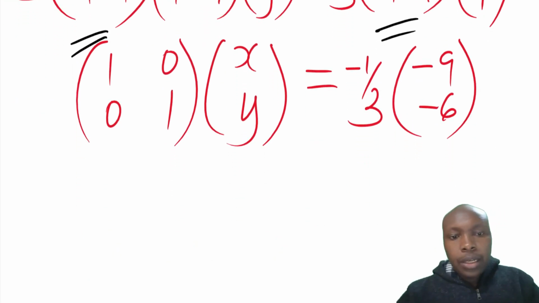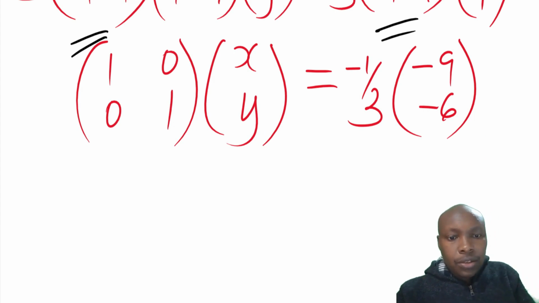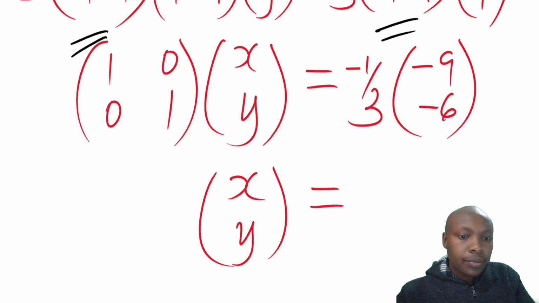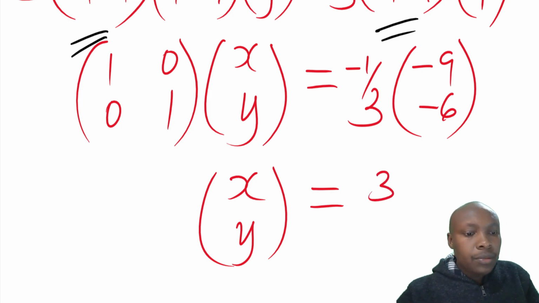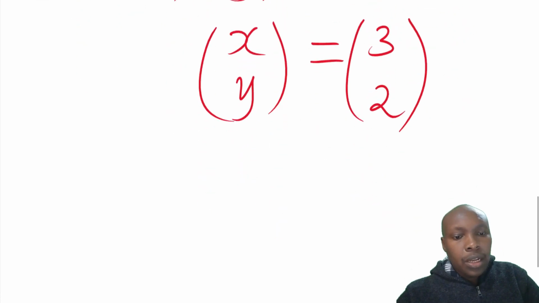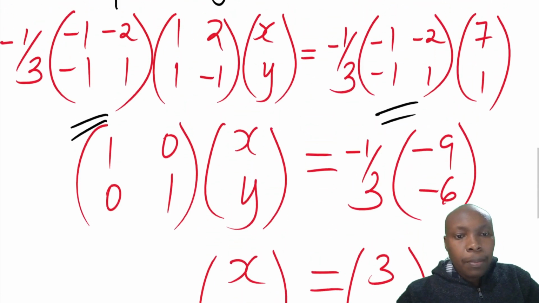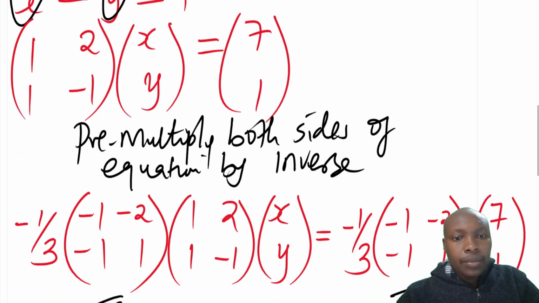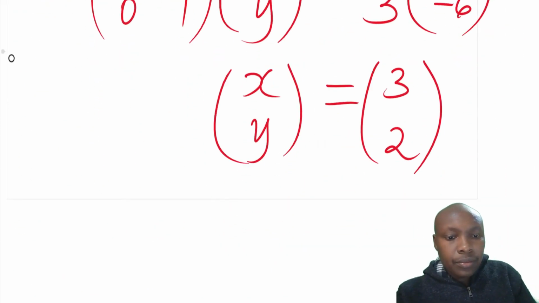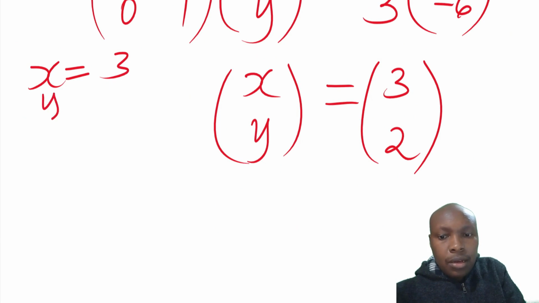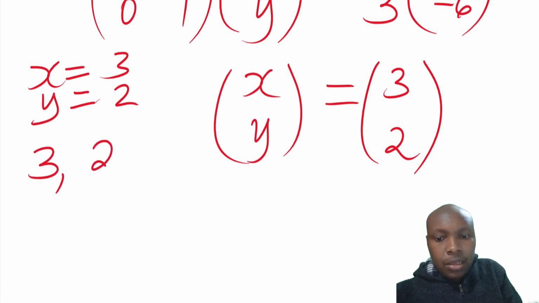Multiplying x, y with the identity matrix does not change anything, so we remain with x, y. Multiplying negative 9 by negative a third gives 3, and 2 for the other. So x is 3 and y is 2, and the coordinates of the point of intersection are (3, 2).